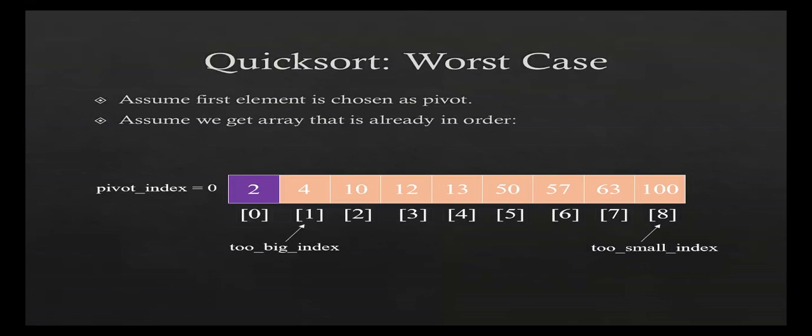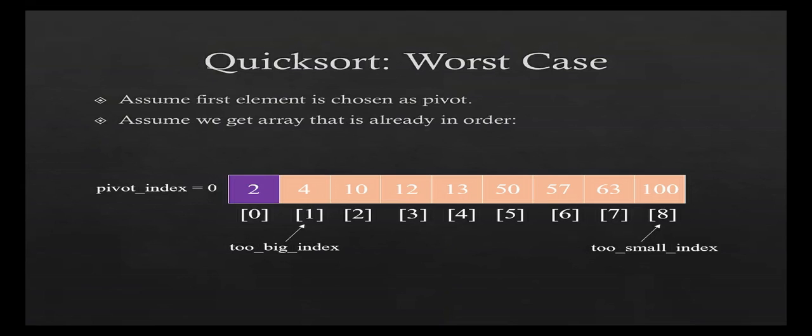Actually, the worst case happens when the array is already sorted. Whenever we get a sorted array, the worst case happens. For example, the same data, but the array already sorted.